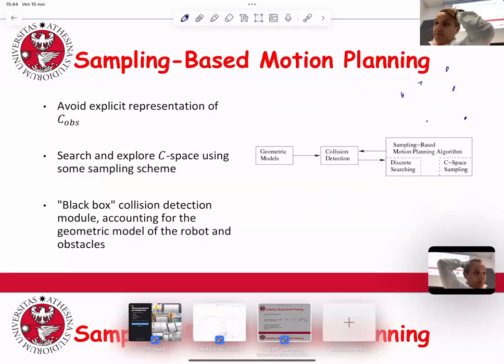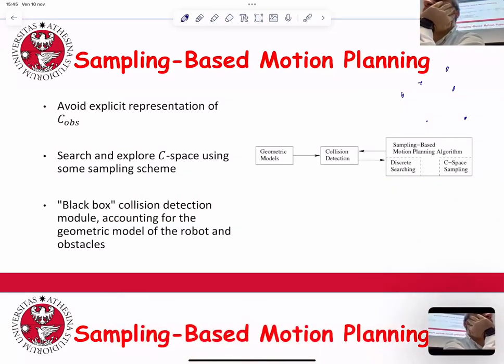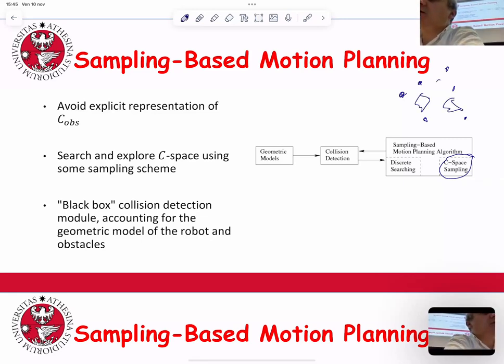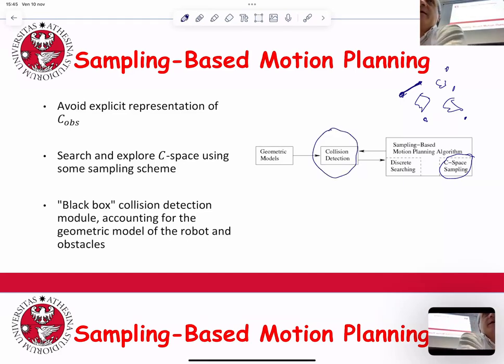Okay, so the idea there is simple. You start making an extraction of samples. This is configuration space sampling. Then what you try to do, suppose you have obstacles in the middle here, is to connect every time you create a new sample, and you try to verify if there is a viable connection.